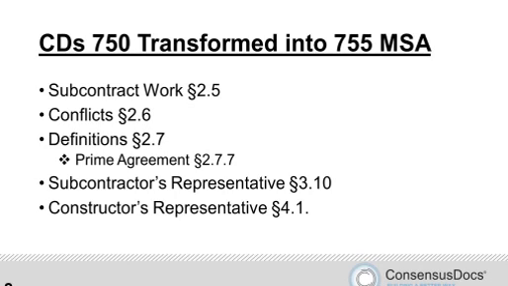You'll also see under 2.7, it should be 2.7.8, that we've included in here a definition of the prime agreement. It's a pretty straightforward definition, but it's something that wasn't part of the 750. Obviously, it's the agreement between the owner and the constructor for the project that's applicable to the subcontract work, which is ultimately defined in the project work order.